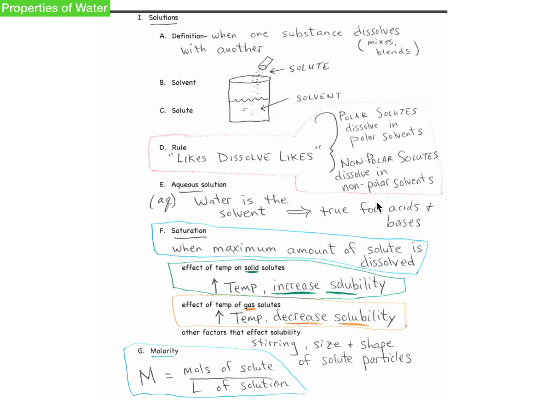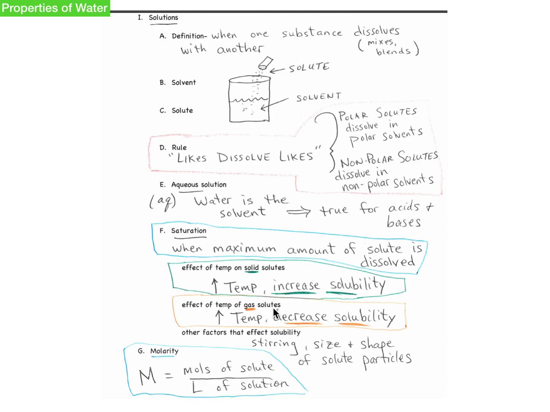Acids and bases are aqueous solutions. Now, how much stuff you can dump into your solution is really what determines how saturated or how concentrated your solution will be. I think we know if we cook things, we get them hot, you can dump more solid in there. And we'll look at this a little later, but gas actually decreases the solubility.